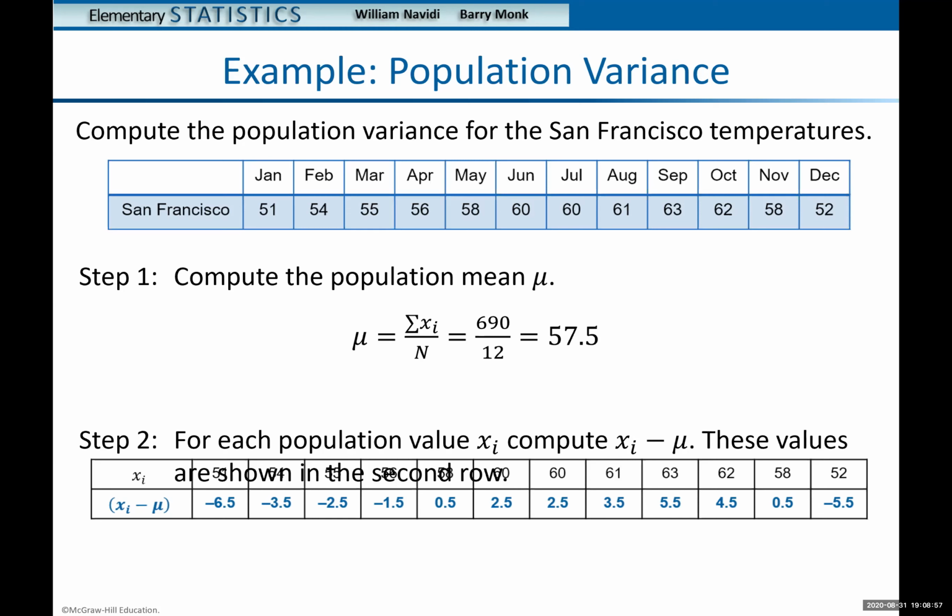xi minus the mean. So meaning you subtract, this is your x1, 51 minus 57.5. Next is your x2, 54 minus 57.5, and so on and so forth. You have to do that 12 times. So 52 minus 57.5 is negative 5.5. That's step number 2.